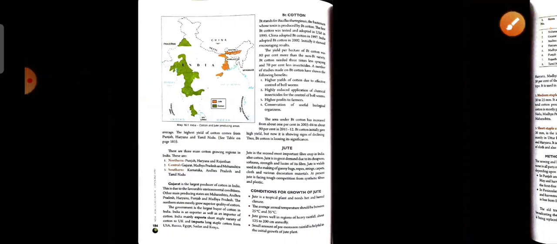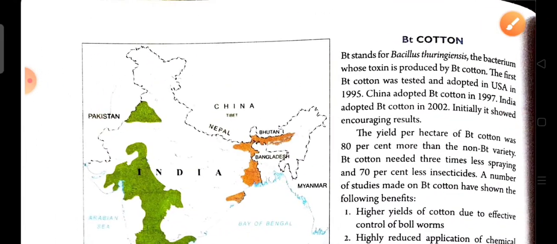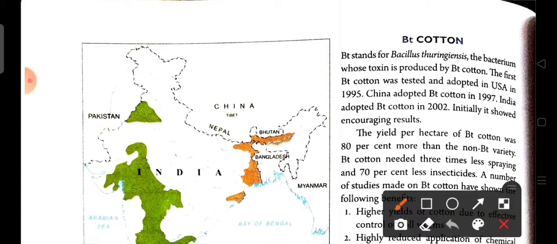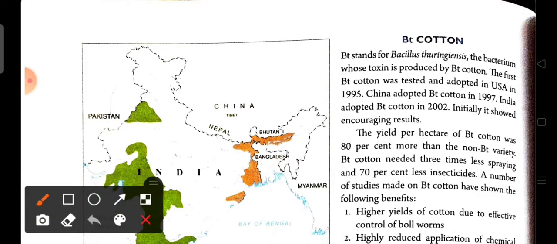Now here we see a special type of cotton, that is BT cotton. BT stands for Bacillus thuringiensis, the bacterium whose toxins are produced by BT cotton. The first BT cotton was tested and adopted in USA in 1995.